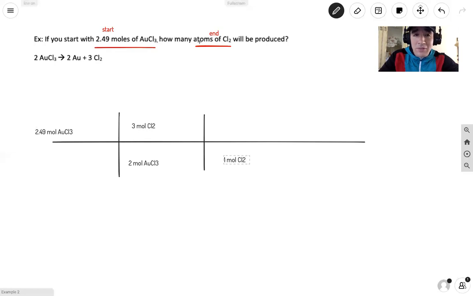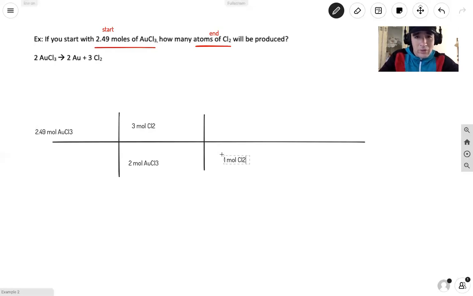Some of y'all remember it as Avocado's number, but it's Avogadro's number. If I ever see atoms in these problems or molecules, I'm going to use Avogadro's number. For every one mole, Avogadro's number tells us that there's 6.02 times 10 to the 23rd atoms or molecules in a mole of something.